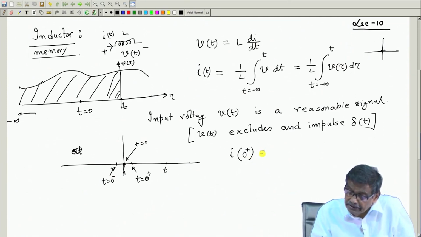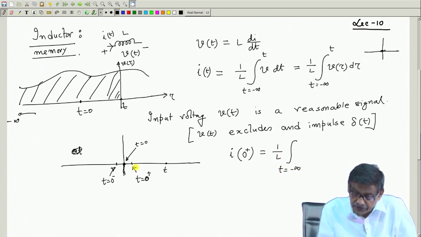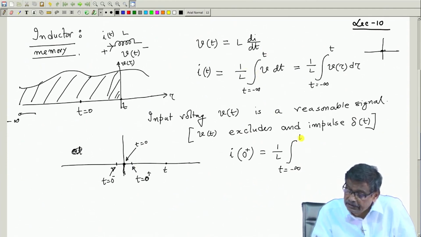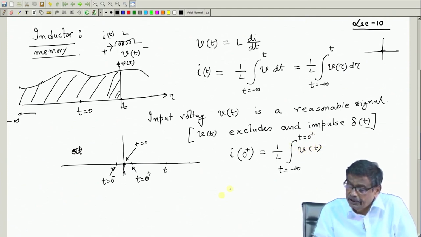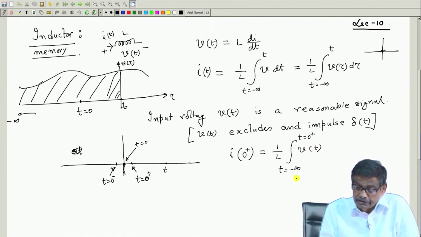I should write this equal to 1 by L, integral from t equal to minus infinity, where the upper limit becomes 0 plus, of v dt. This is what I have to do to find out the current at t equal to 0 plus. At t equal to 0, something happens to the circuit. I have applied a voltage, some change has occurred. So, this must be true.